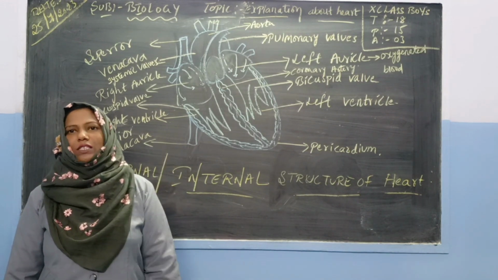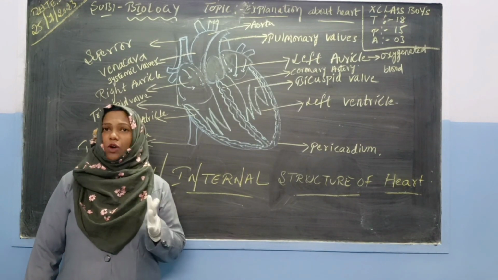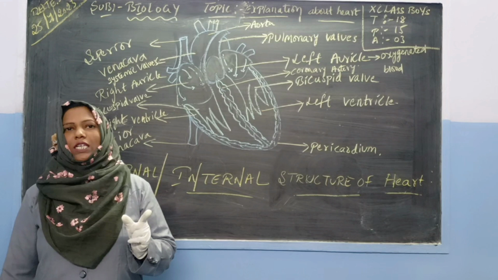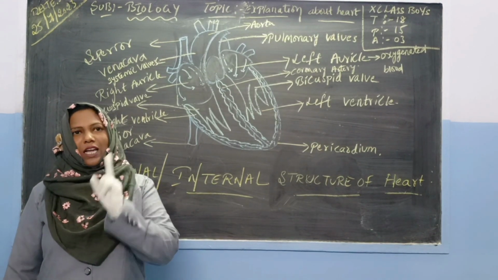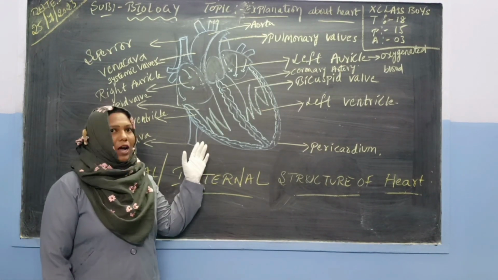Our blood will be circulated according to our body weight. For example, if one person's weight is 40 kgs, then in 1 hour the blood circulates about 120 times per hour.